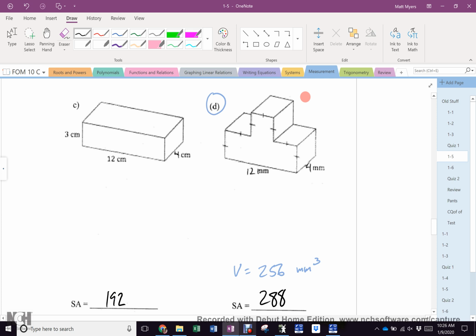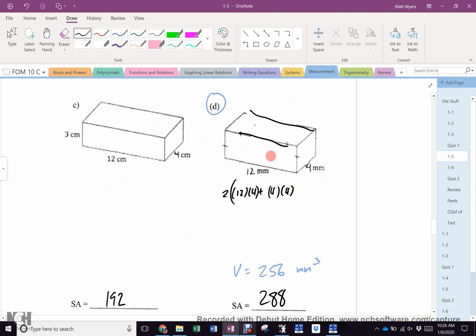You have to think. If I erase all this, like I did, and I make this, then it's 12 times 4 for the bottom, right? And there's 2 of them. 2, 12 times 4, plus, what's this one? Somebody who didn't get this right, what is this face right here? 4 times 4.